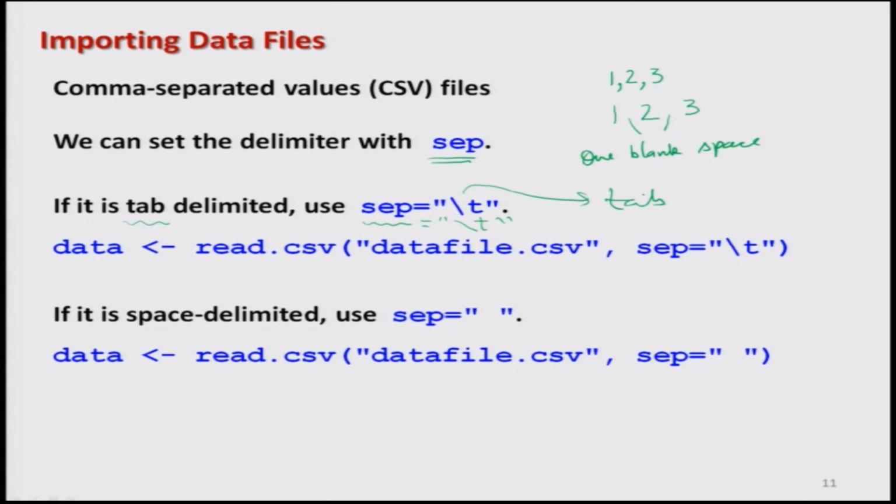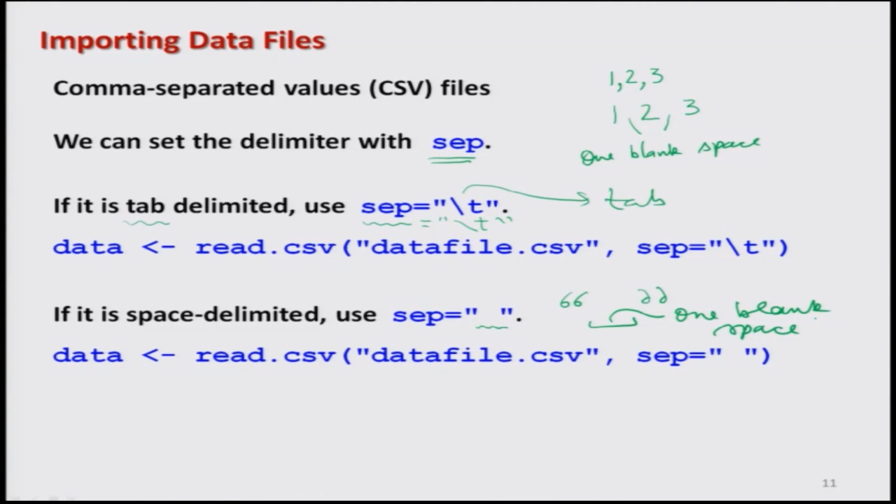Similarly, in case the values are separated only by blank space, then we simply write double quotes, and then I leave 1 blank space. 1 blank space means you press the space bar on your keyboard just once. Okay.